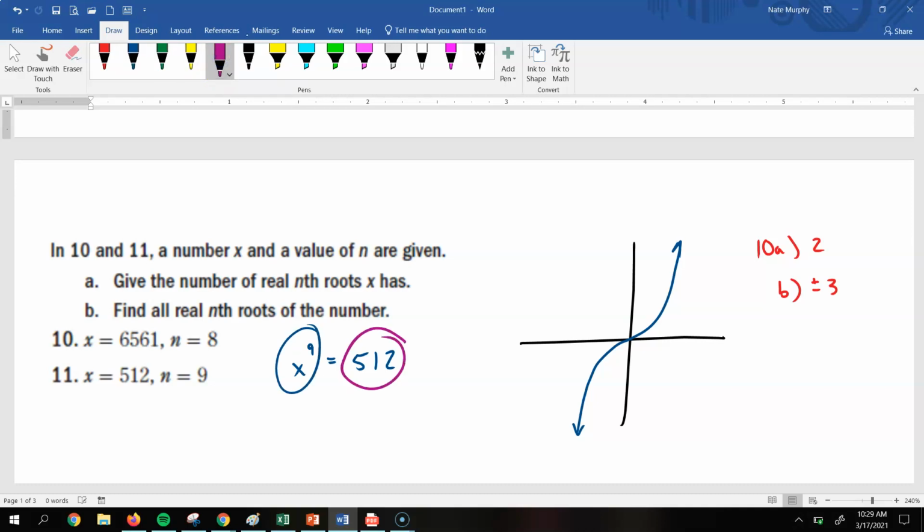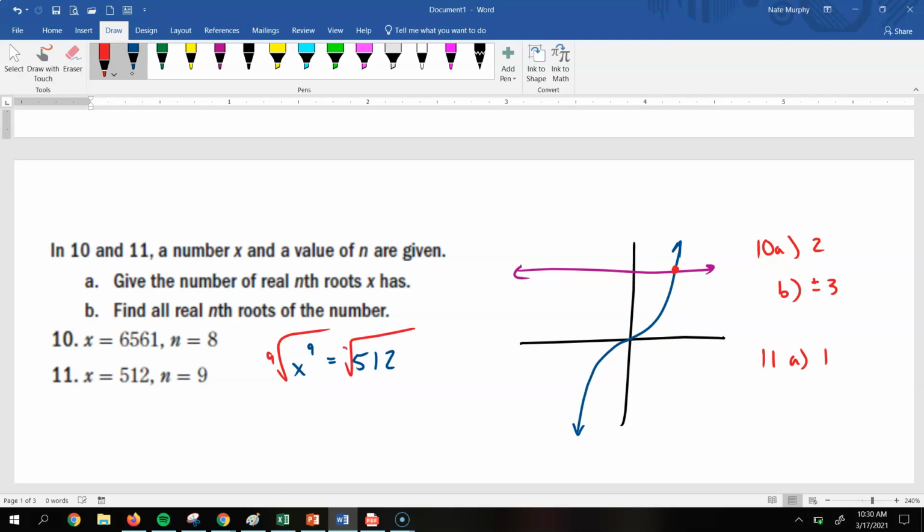And if I were to graph y equals 512, I'd get a horizontal line here. That horizontal line only intersects the graph at one point. So for number 11, part A, there'd be just one solution. To figure out what that one solution would be, we would take the 9th root of both sides. And when I take the 9th root of 512, I get 2 as my answer. It'd just be the one solution, it would just be 2, not plus or minus 2.